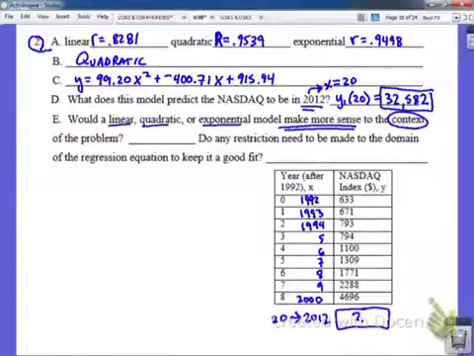Context, the situation. What do you know as high school students about the stock market? Do you know anything about it? I mean, what happens? It goes up and down. That's the number one thing that happens.